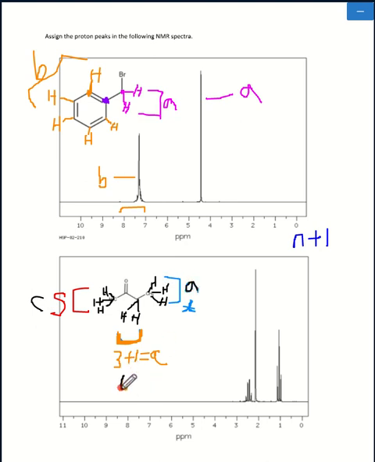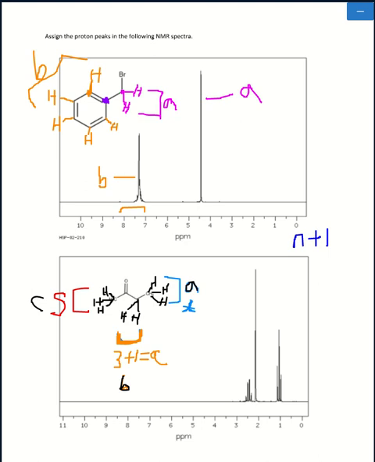Now then, we have 3 different proton environments, all labeled either A, B, or C, and based off of the number of neighboring hydrogen plus 1, we know that the signal for environment A will break off into a triplet, the signal for environment B will break off into a quartet, and the signal for environment C will break off into a singlet.